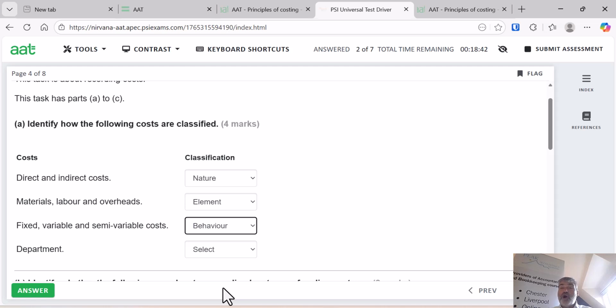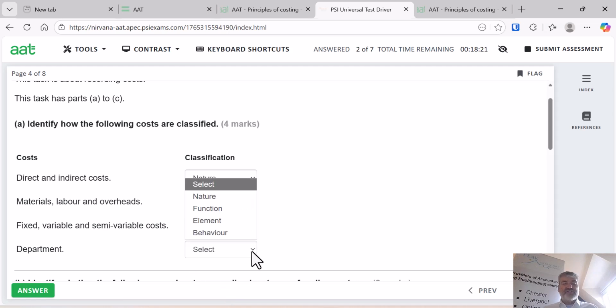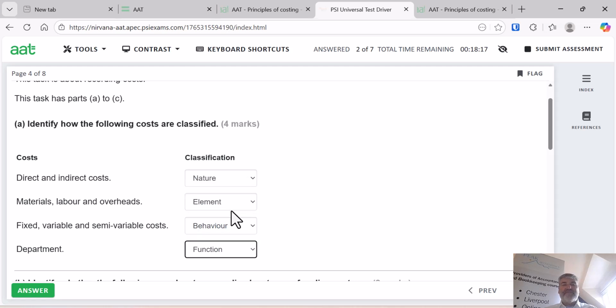A variable cost in total is going to increase the more activity we perform, whereas a fixed cost will stay the same in total regardless of the level of activity we are performing at.